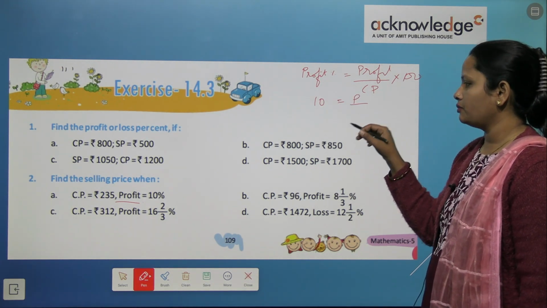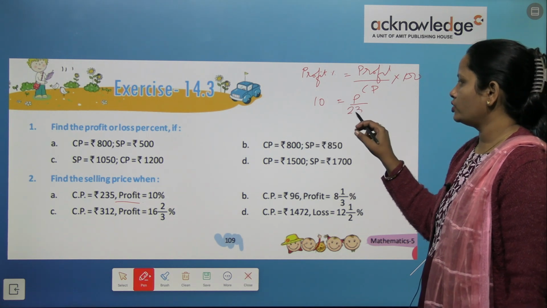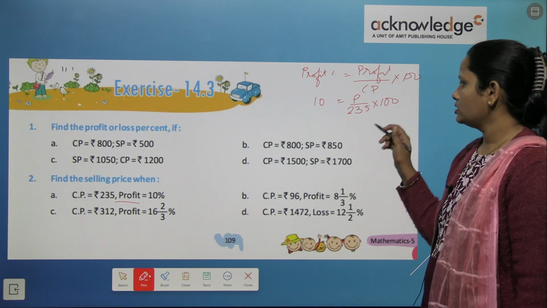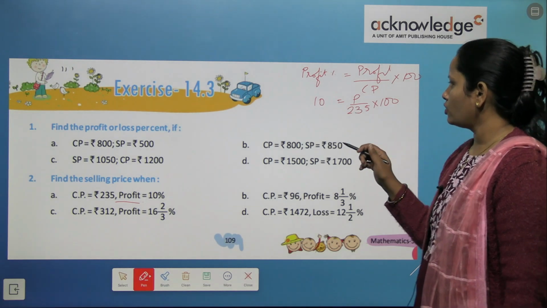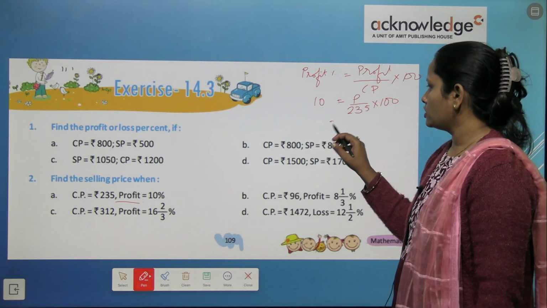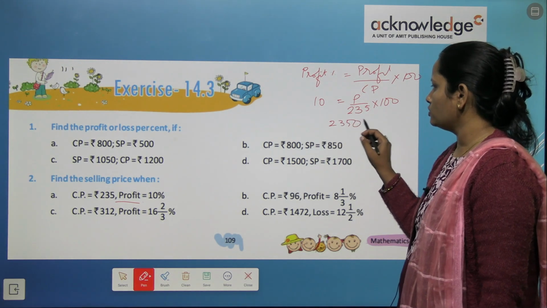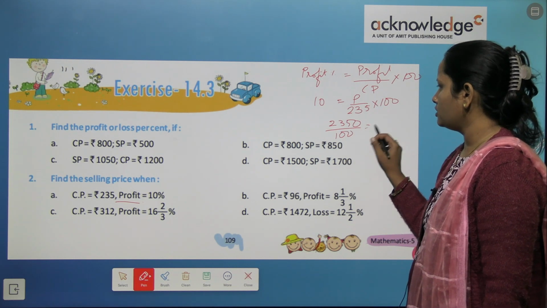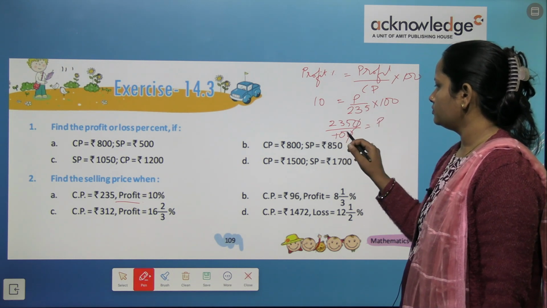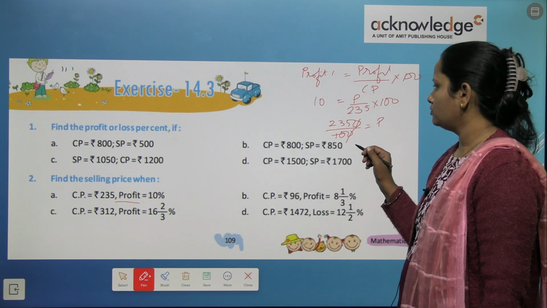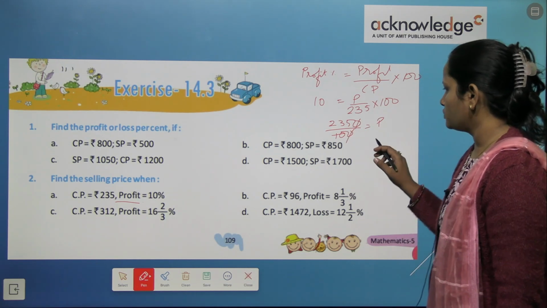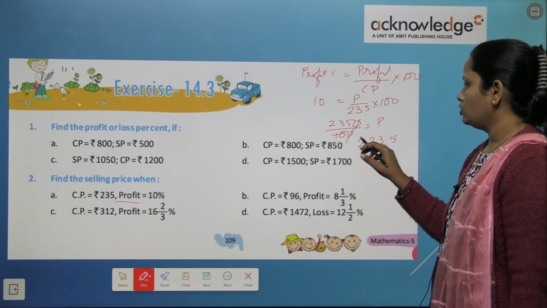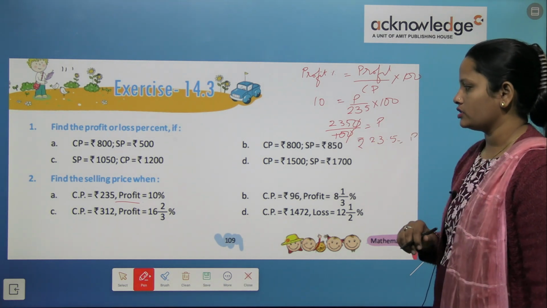Let's find the profit. CP is 235 multiply 100. So now let's cross multiply this. So it will be 2350 divided by 100. So it will be 23.5 rupees. This is a profit.